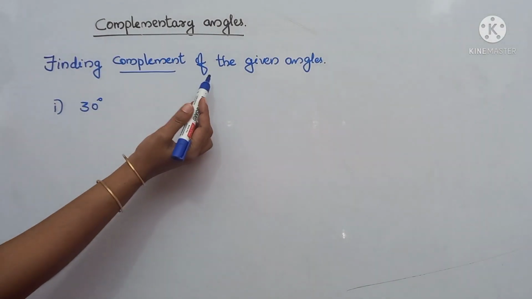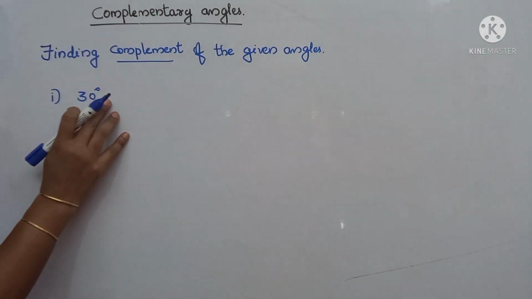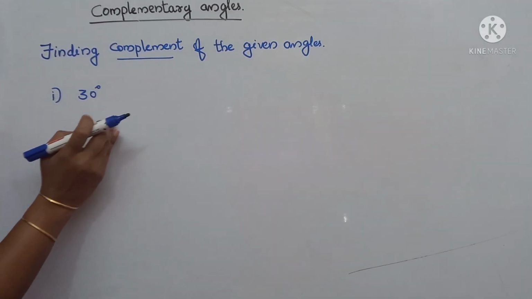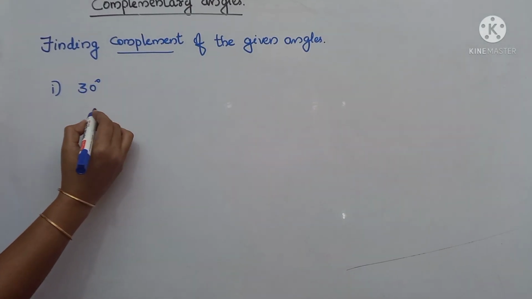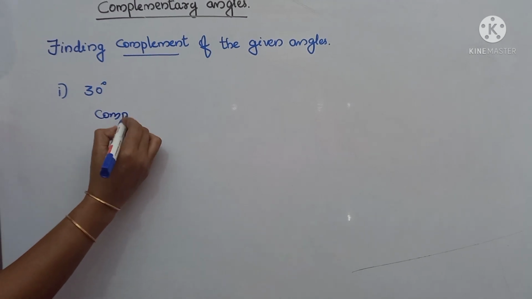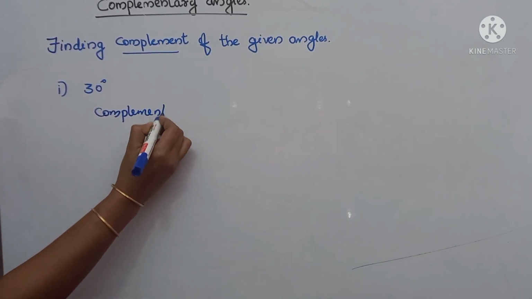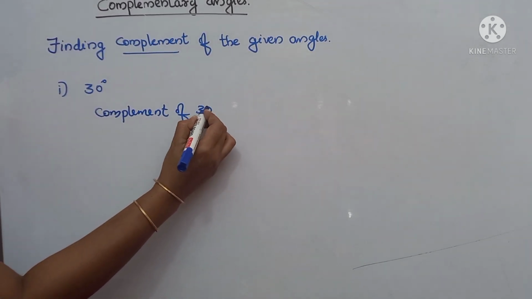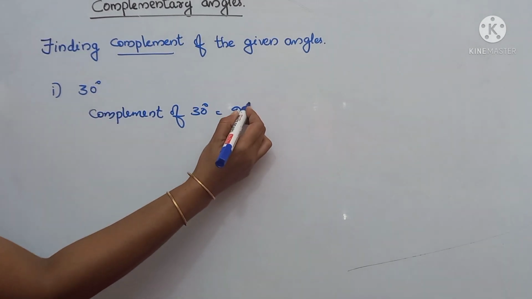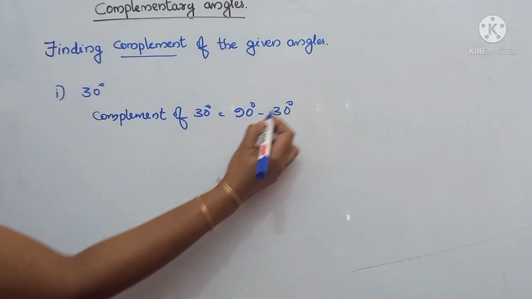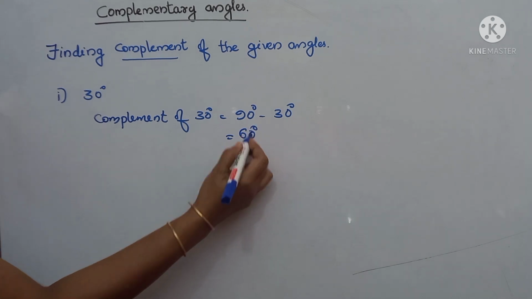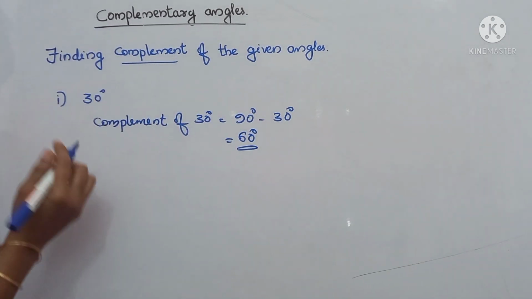Next, finding the complement of the given angles. Here 30 degrees is given. We can find the complement of 30 degrees very easily. The complement of 30 degrees is equal to 90 minus 30 degrees, that is equal to 60 degrees. So 60 degrees is the complement of 30 degrees.